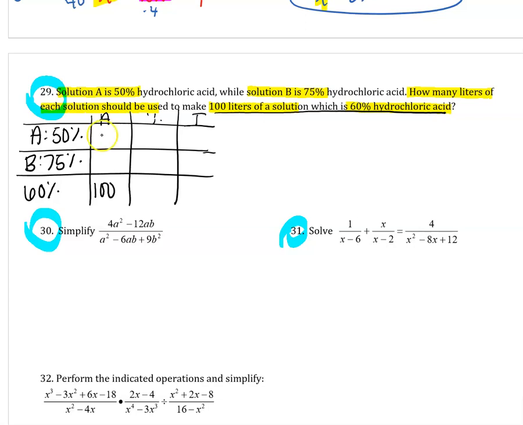So if I call A x, solution B would have to be 100 minus x. So for instance, if this was 10, this would be 90 because that makes 100. If this is 20, this would be 80 because that makes 100. So these are my variable setups. Now for percentages, it's still 0.5, 0.75, 0.6, and then we still multiply across.